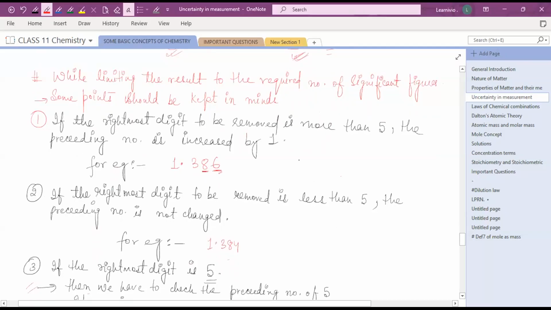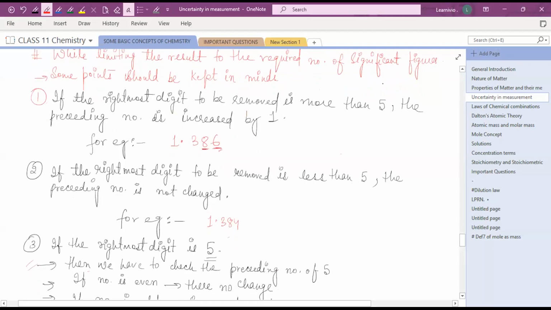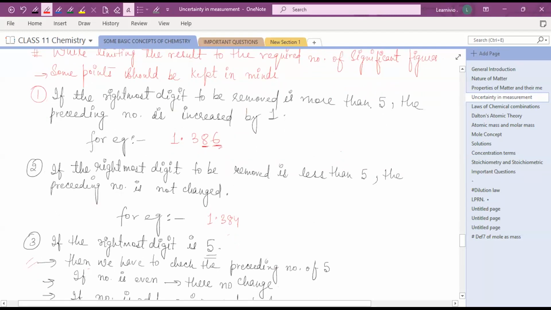So see, now while limiting the result to the required number of significant figures, there are some points we should keep in mind, right? What are these points? Let's see. If the rightmost digit to be removed is more than 5, like we did in childhood, like rounding off in mathematics, it's just similar to that. So if the rightmost digit to be removed is more than 5, see over here, the rightmost digit is 6, and 6 is more than 5.